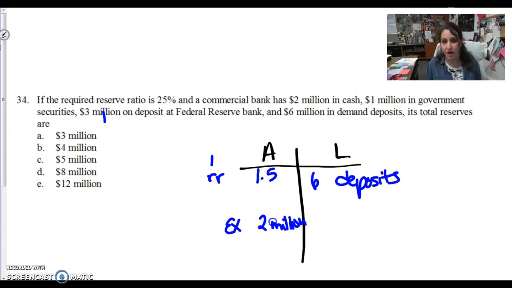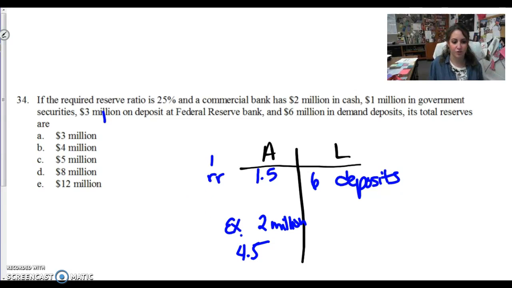The other 4.5 is going to be in excess reserves. So 2 million is already in excess reserves, and there's an additional 4.5, because that 4.5 plus 1.5 is going to be your total of $6 million deposited. So right now, total reserves is 4.5 plus 1.5 is 6, plus 2.